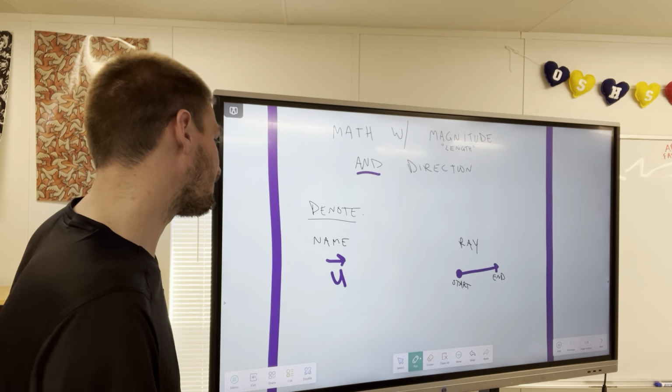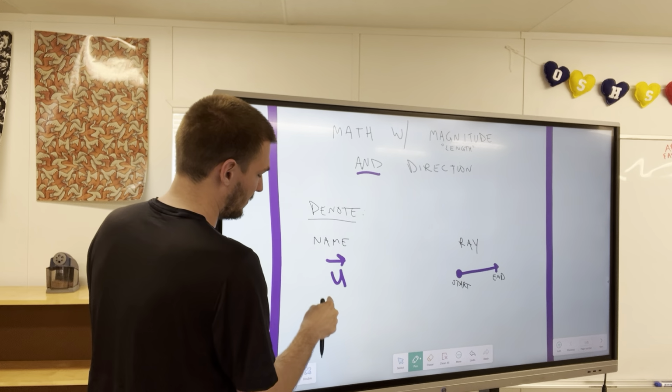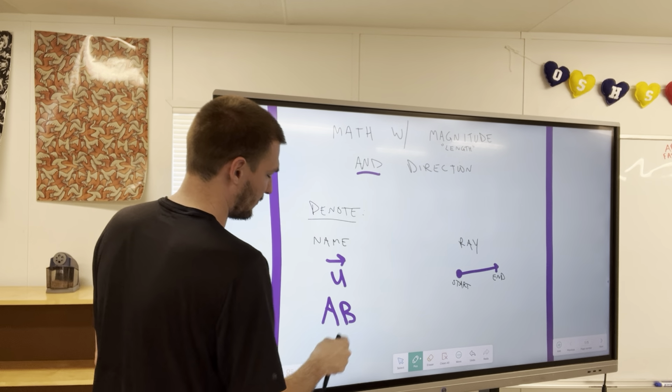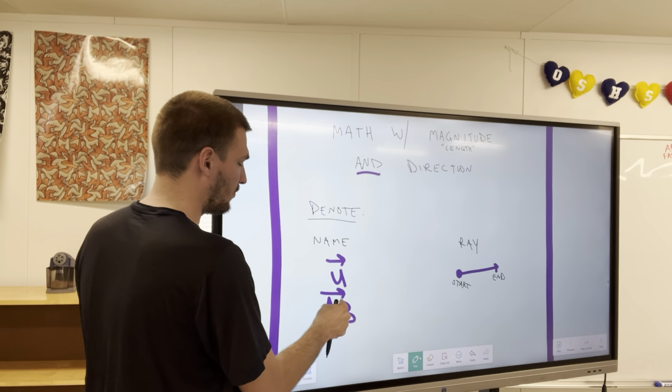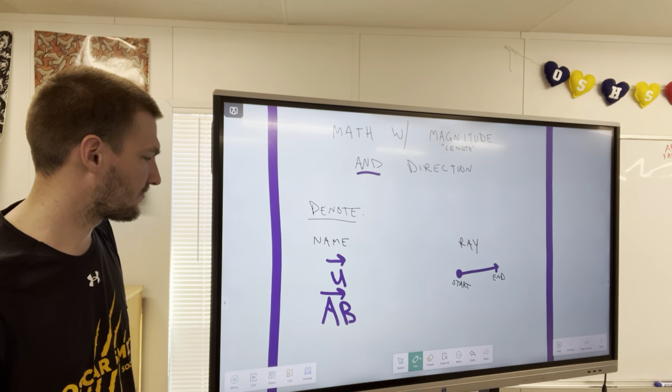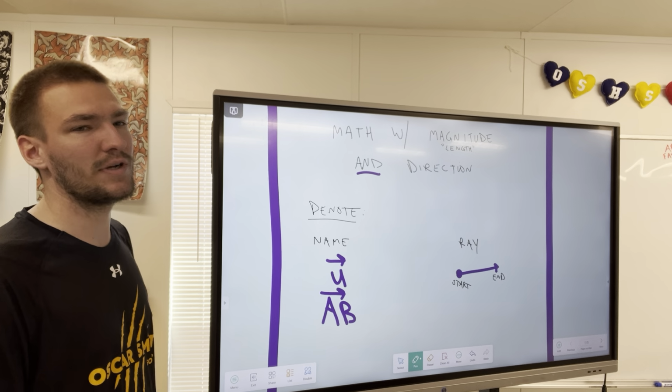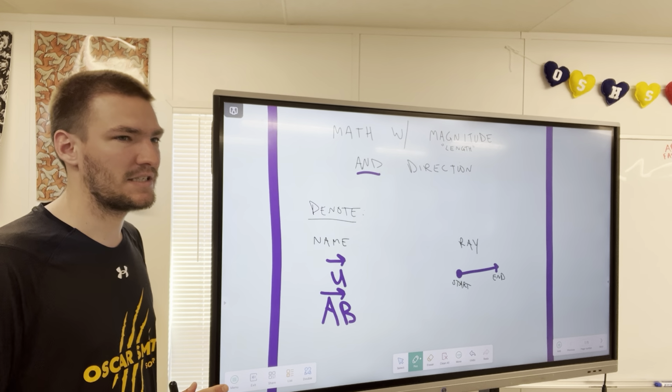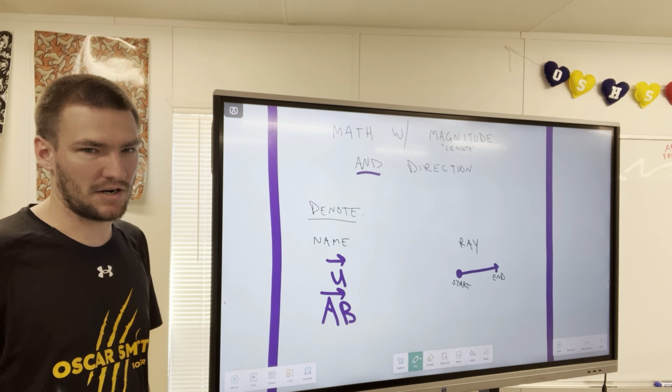Now also, there's another way to do vector names, and that is with capital letters, with 2 capital letters. Now doing it with 2 capital letters is almost always better, okay?